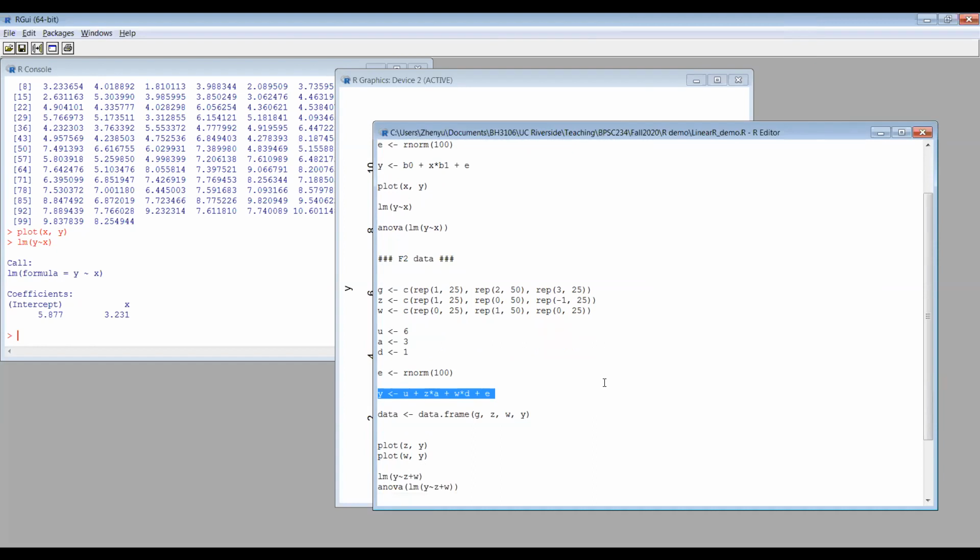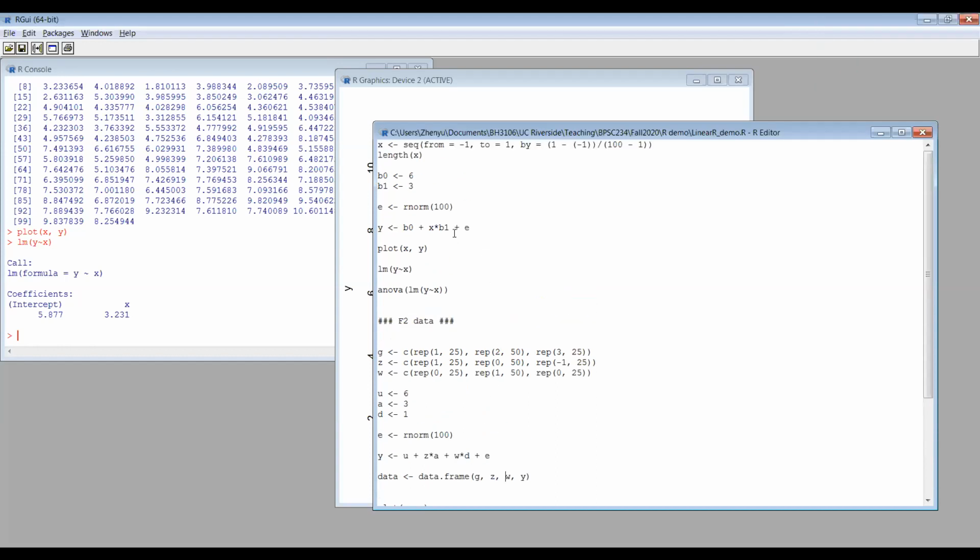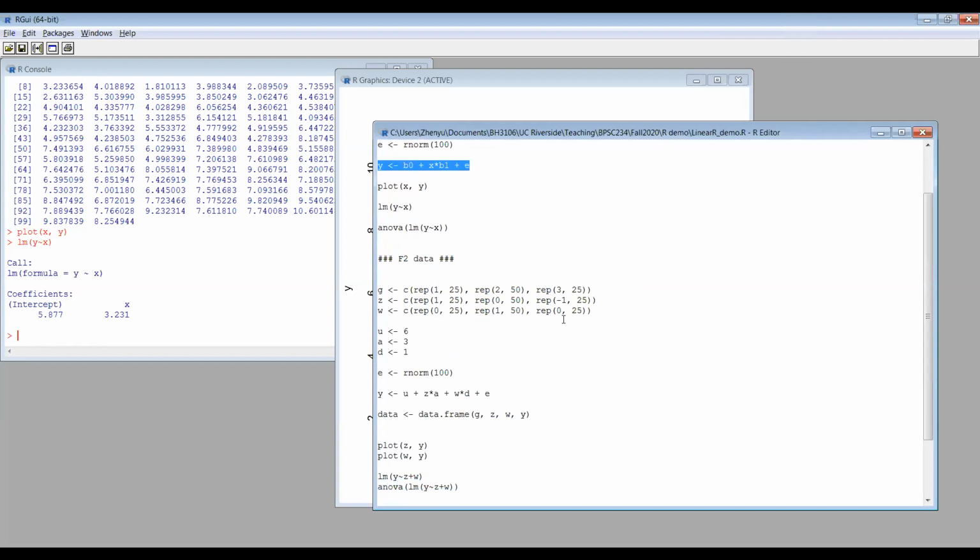And so here comes the Z and W again. Here I just use one slope. So think about this B1 as A, so that's the additive effect only. We use this model to test the backcross design, right? But look here, this is F2 data. Now we have both additive effects and dominant effects.